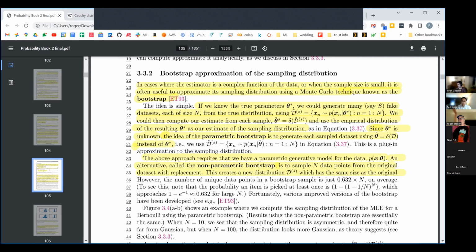Whereas for other things, you don't. You just have the data you collected out in the wild, one set of data. So as an alternative, you can do the second thing, the non-parametric bootstrap, where you sample from your data with replacement.